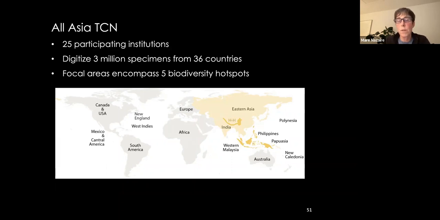This map shows the target area in light yellow that will be digitized. And the project will especially focus on digitizing specimens from the unique and critically endangered biodiversity hotspots of Southeast Asia and the Himalaya-Hengduan region. And those are indicated in the dark yellow. And so these particular areas will receive much more detailed data capture.